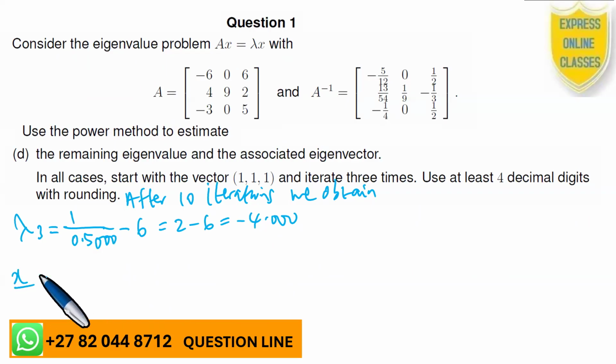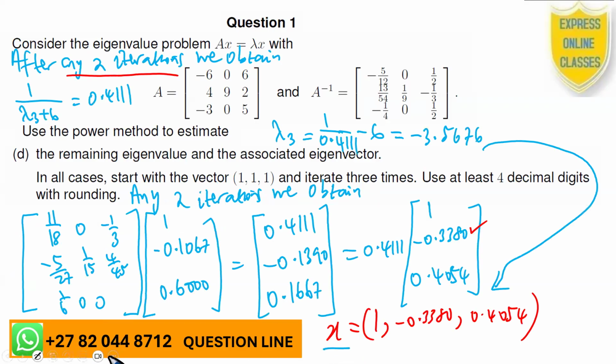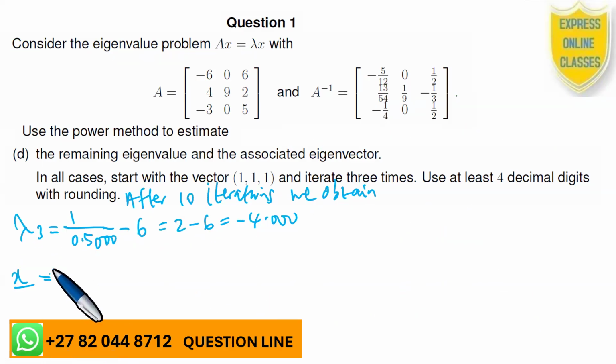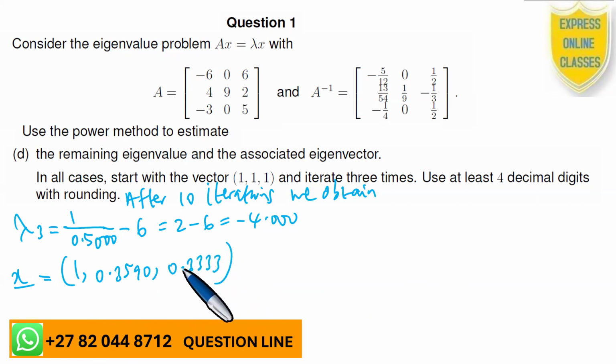But it means the eigenvector associated with this would therefore become the following. X, by the bottom is 1, 0.3590, 0.3333, like that. Right. So this is good news.